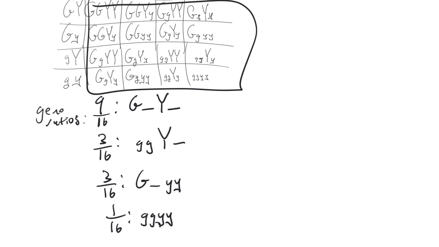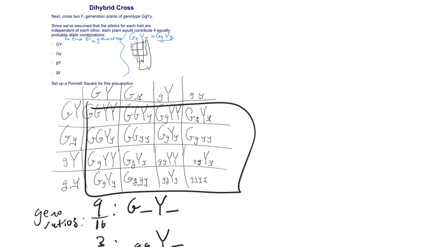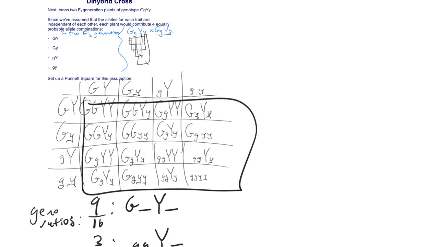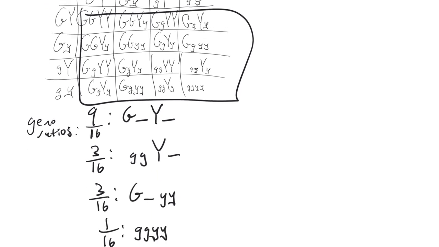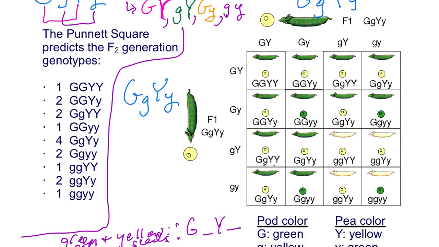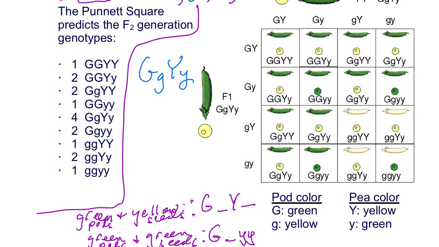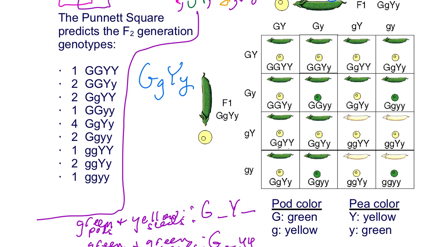And I could do the phenotypic ratios as well. So they did it all for you here. They're doing the actual genotypic ratios for each specific time.